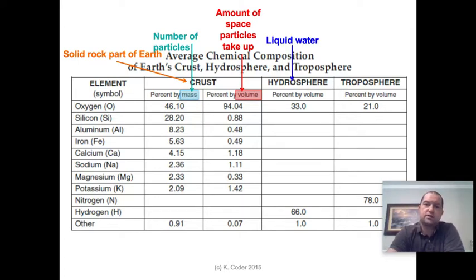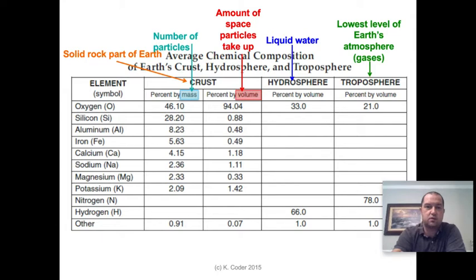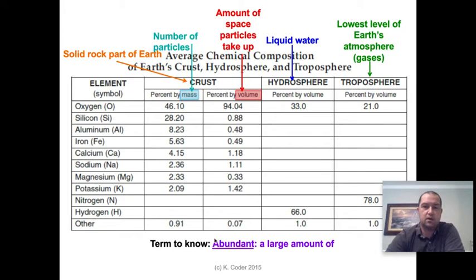Our hydrosphere is liquid water, and our troposphere is the lowest level of Earth's atmosphere, which is the gases. We're going to talk about that in a little more detail shortly. So when you see the term abundant, it just means a large amount of.